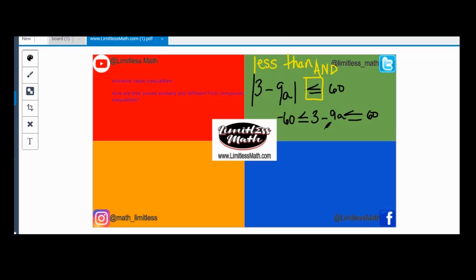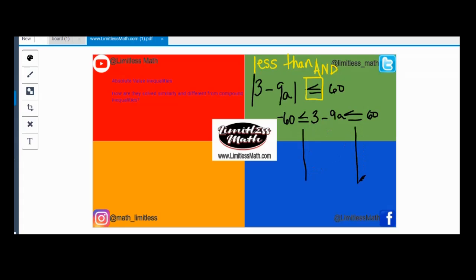So it's similar to compounds because we made it an and compound, but we know we're using absolute value because we took the positive and also the negative value, which is what you do when you're solving absolute value equations. So we're going to go through and solve this compound inequality for a, just like you would if it was a compound inequality without an absolute value.